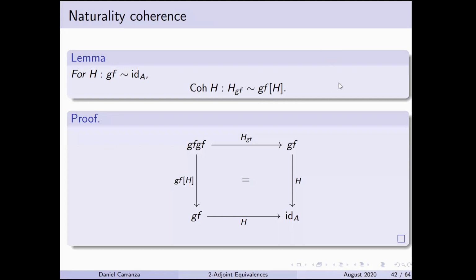This comes to us from just drawing the right naturality square. Naturality gives us that this square commutes, and we note that HGF composed with H is equal to GFH composed with H, and we can whisker out H on either side to just get that HGF is homotopic to GFH.